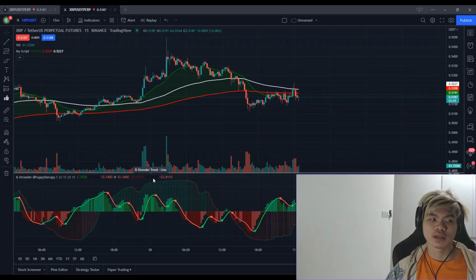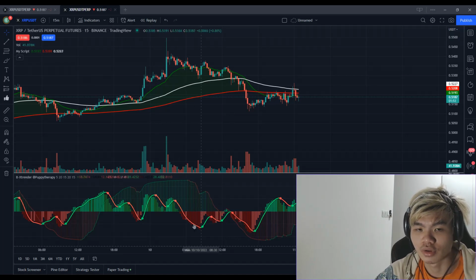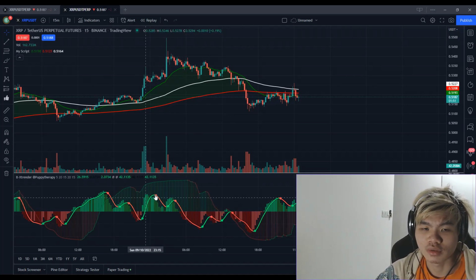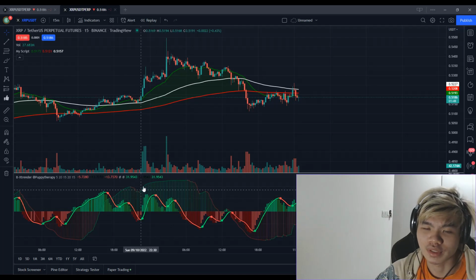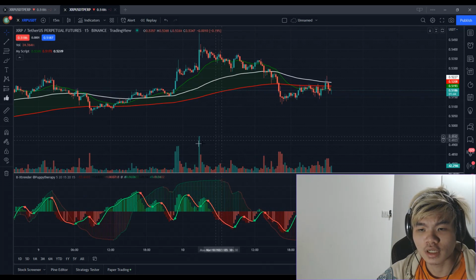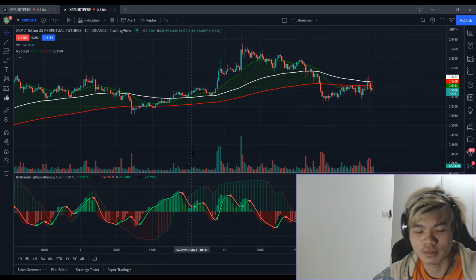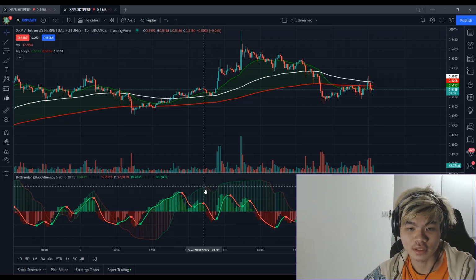But in my opinion, I would exit when it is starting to turn either dark red, or light red, or dark green, because that gives you an edge to know when to exit at a better position. So yeah, now you know how the histogram works. Let's get into the other parts.